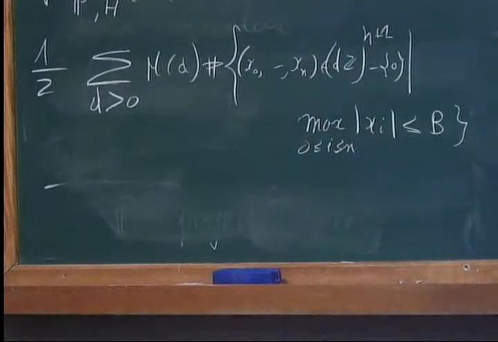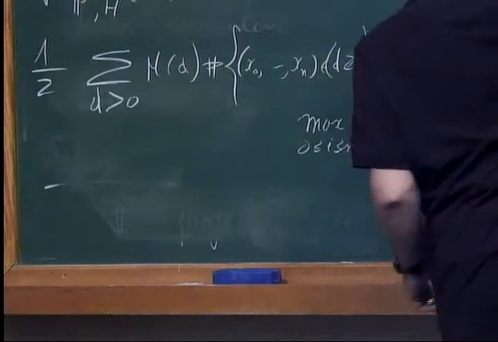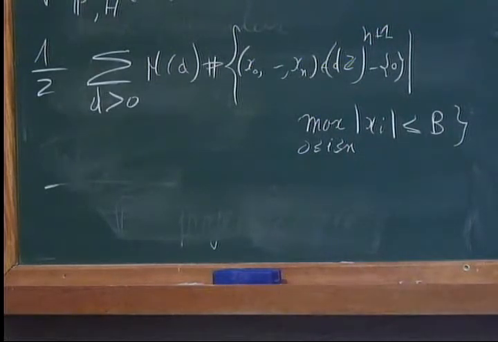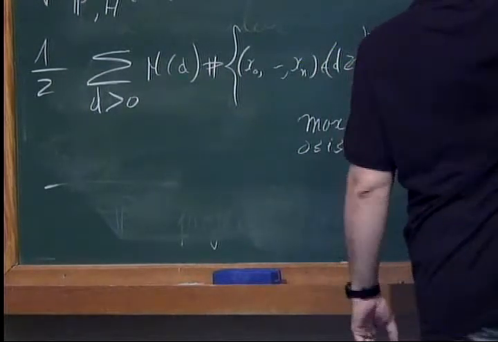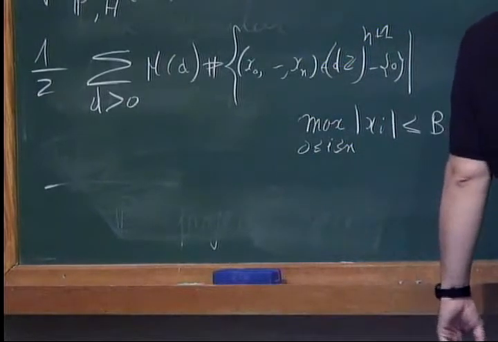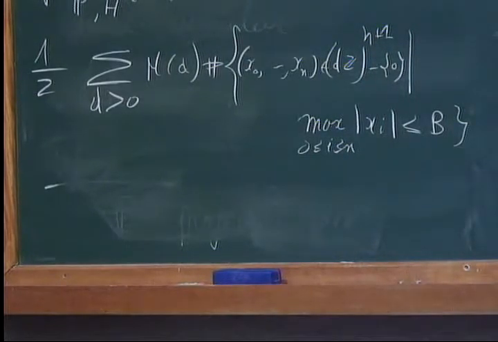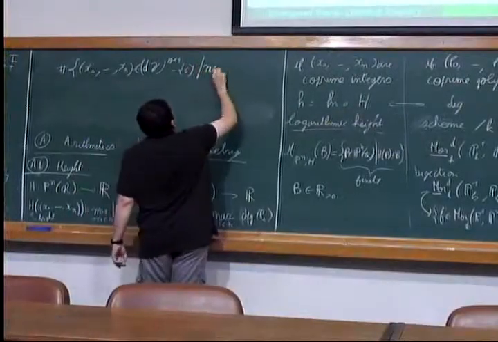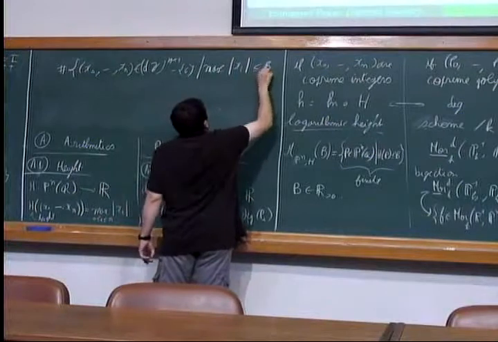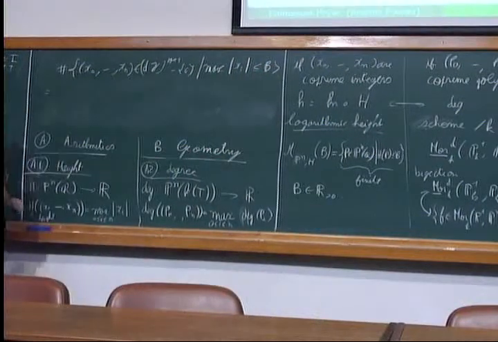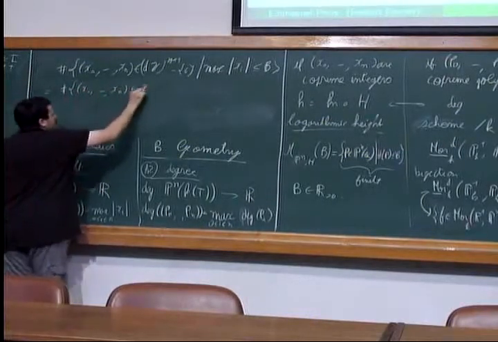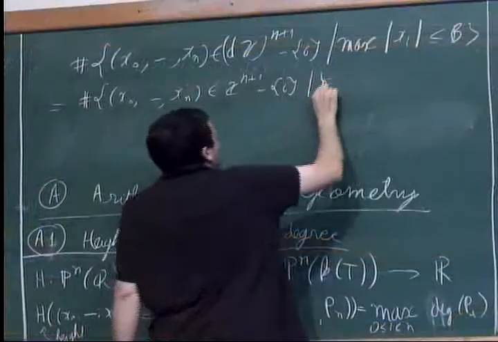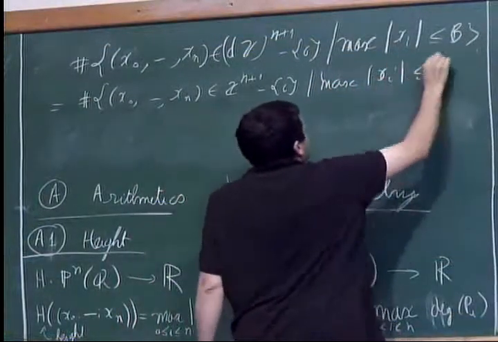Okay, so now I'm almost finished, because this I can evaluate very easily. Namely, I know that the cardinal of this set, so in (dZ)^(n+1) minus 0, such that the maximum of the coordinates is less than B, well, this is exactly the same as the cardinal of the (x_0, ..., x_n) in Z^(n+1) minus 0, such that the maximum of the coordinates is less than B over d.